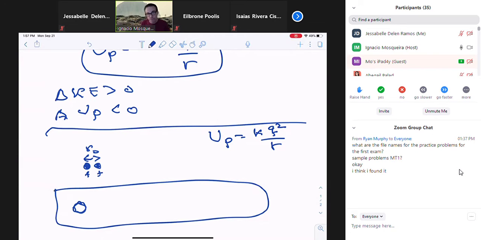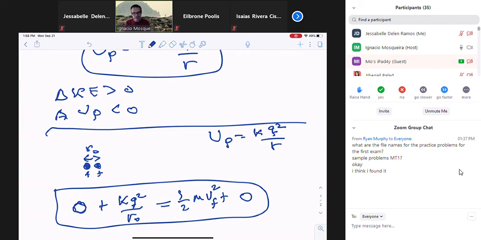So the initial potential energy is K, Q squared over R0, which is the initial separation of the protons. So what I want to know is the final kinetic energy of the protons. And the final potential energy is 0.